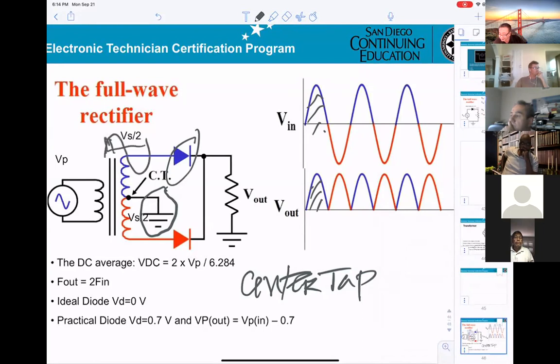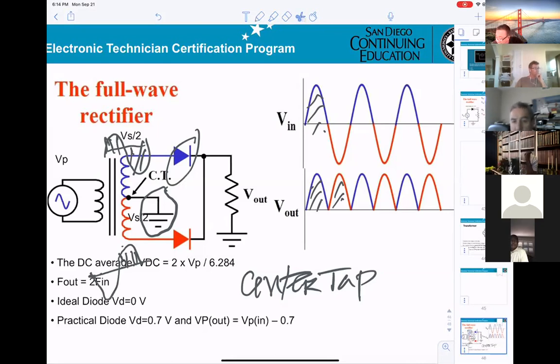When it's positive here, on the other side you get the opposite. So when they get a negative here, this will be off. However, this one is positive, so this one will be on. So that's why you can get positive coming out. And this is what they call a full wave rectifier.